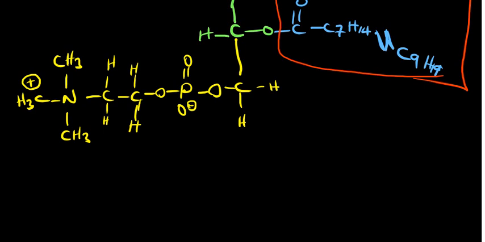Let me write properly here. So we have a negative here, and here we have a positive. This is the phosphate group here. Let me use a red color here.